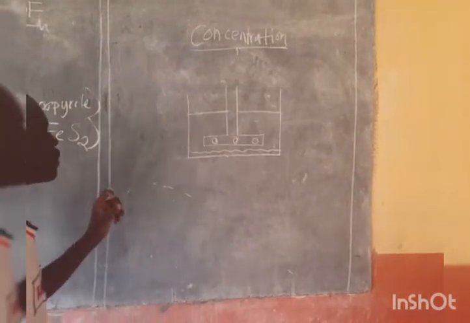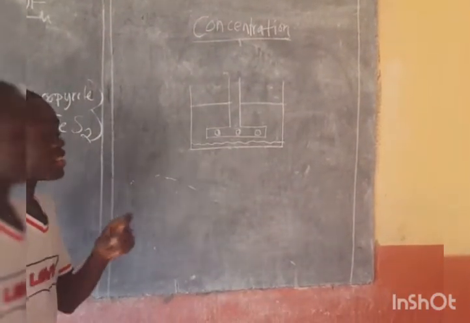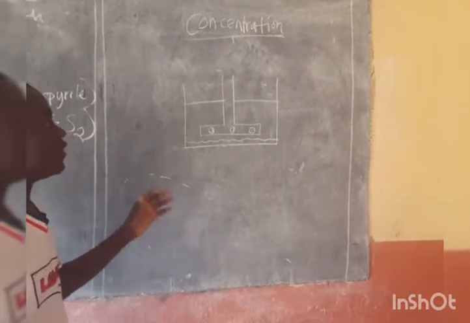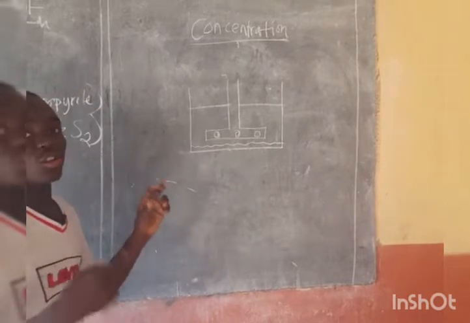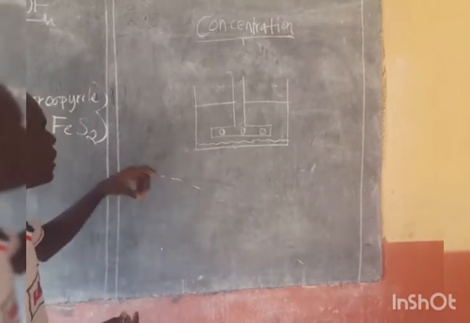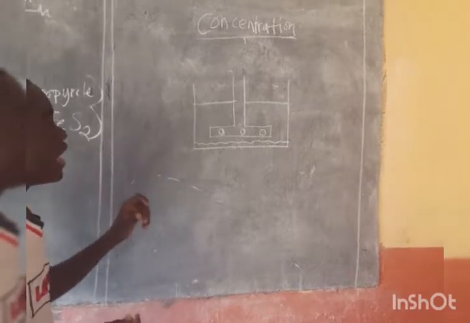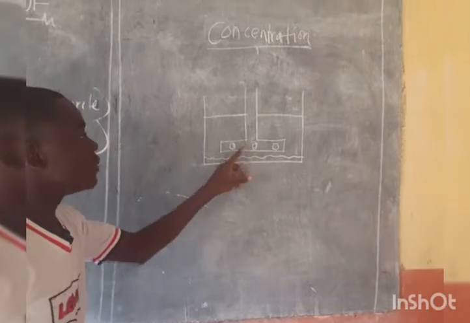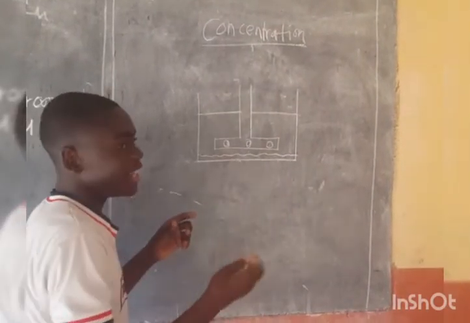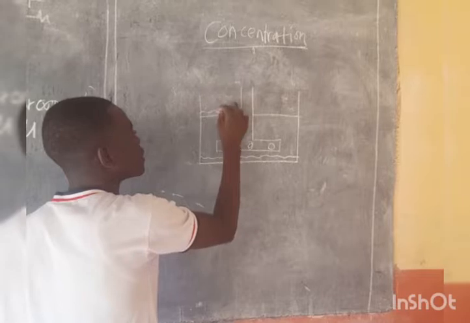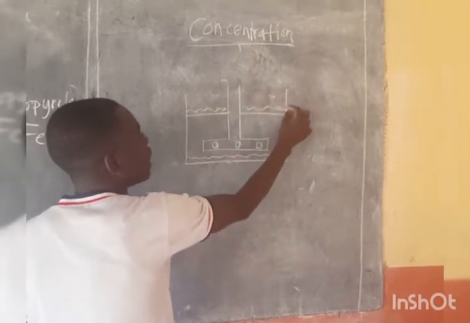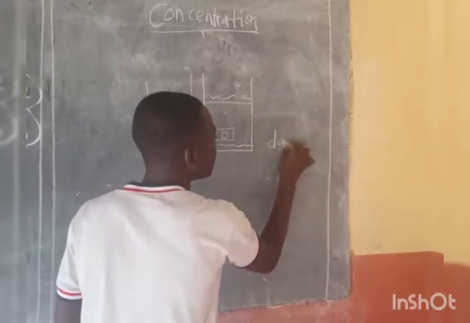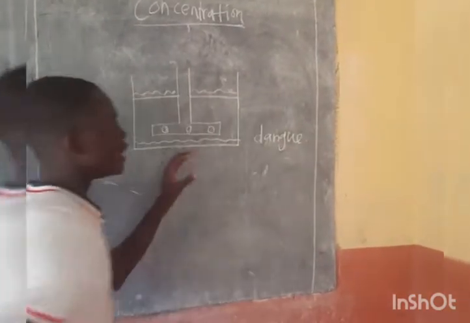In the process of concentration, we usually get copper pyrite or chalcopyrite, and then it is placed in a tank filled with oil. When we place copper pyrite in a tank, a pressure is introduced here, and when this pressure is introduced, the copper pyrite rises to the top, and an impurity that we call dung is left at the bottom.